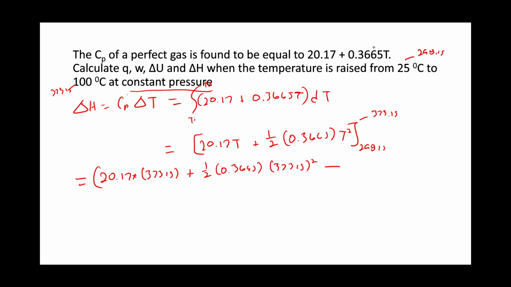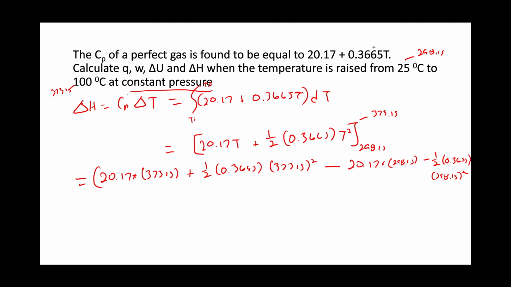And then minus 20.17 times 298.15, and then minus 1/2 times 0.3665 times 298.15 squared, right? All right. Lots of math. But when we get our calculators, it'll make it a lot easier.